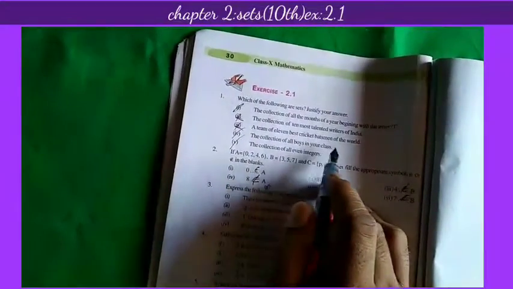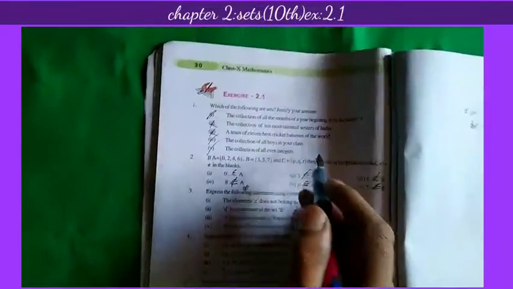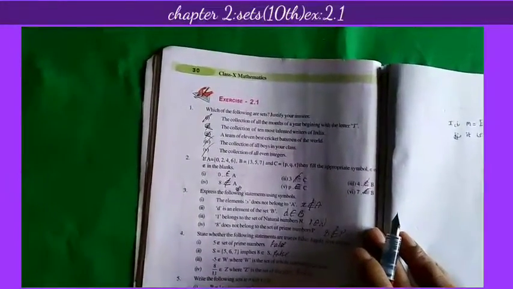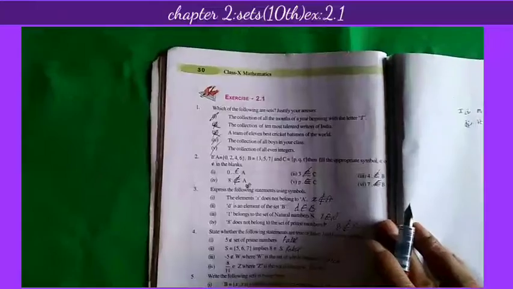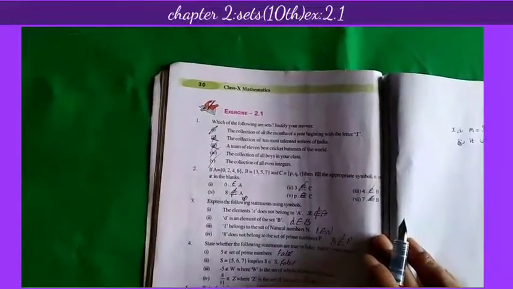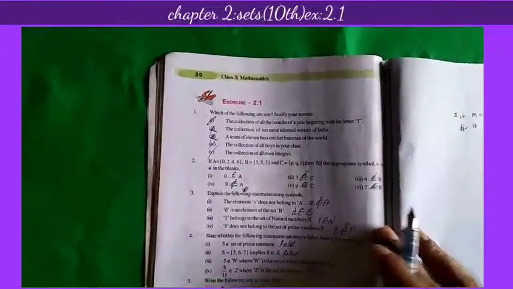Now coming to the third question, a team of 11 best cricket batsmen of the world. It cannot be accurately defined either, because best means what is the best? As per my feeling, I write India's cricket batsmen.